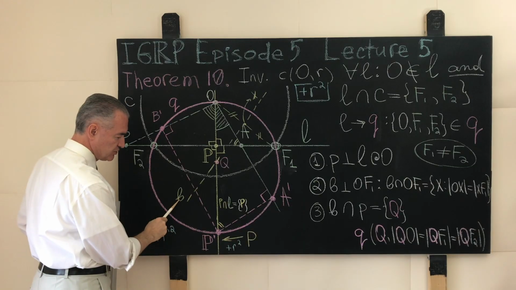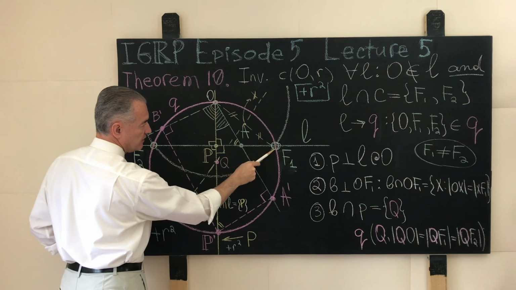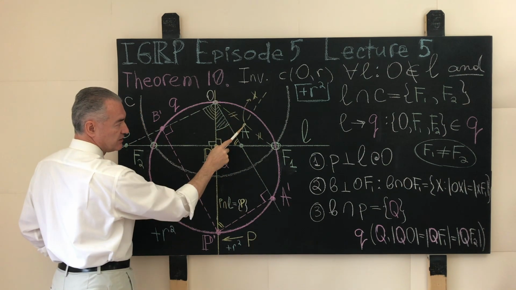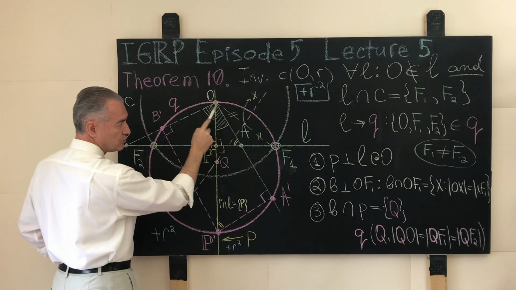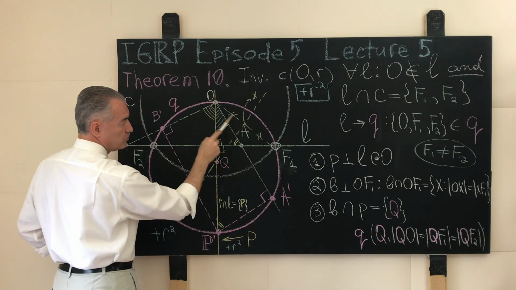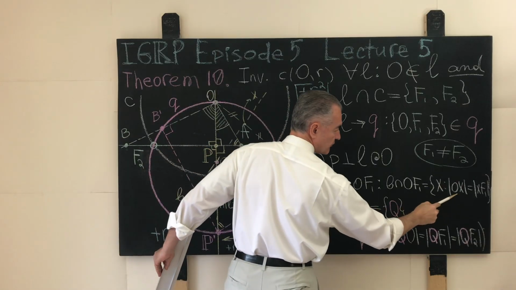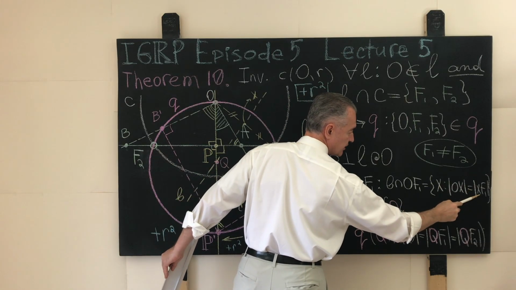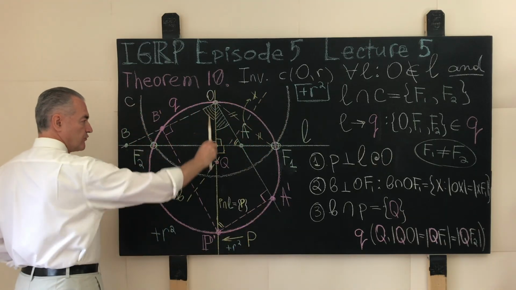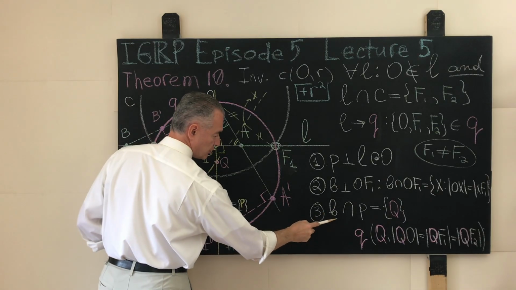Straight line B is perpendicular to the line segment, let's say OF1, such that the point where they intersect, X, is equally distant from the center of inversion and the common point F1. OX is equal to XF1. The distance OX is equal to the distance XF1. Game over. First line, second line, and at this point we're home free.